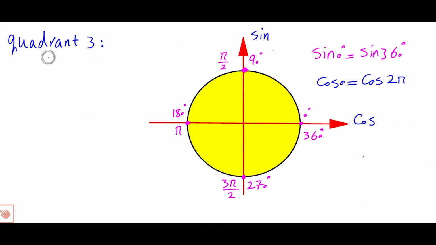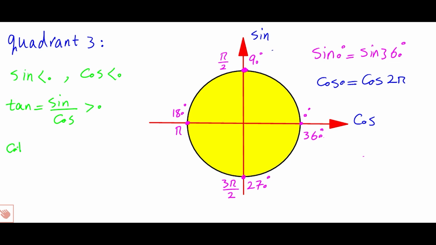In the third quadrant, sine is negative and cosine is negative because the third quadrant is located down and to the left. So sine is negative and cosine is negative. So tangent is equal to sine divided by cosine, which is positive.